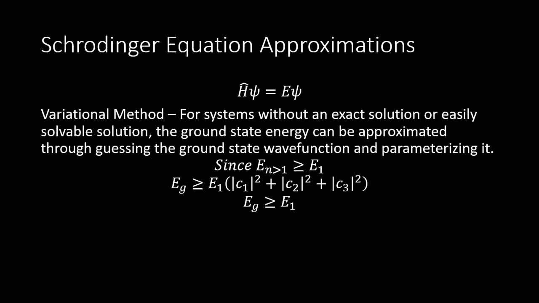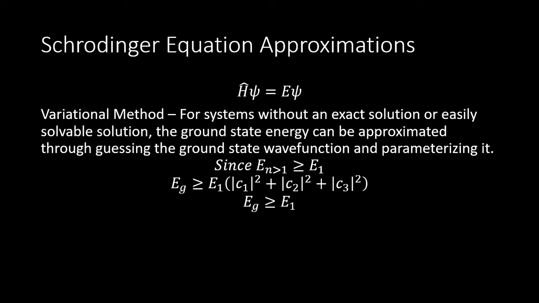So one approximation is simply, for our long equation, just replacing E2, E3, so on and so forth with the value for our ground state energy, or just putting in the symbol E1, pulling that out as a constant, which will cause that to be multiplied by the sum of our normalization constants, which by definition should add up to 1.